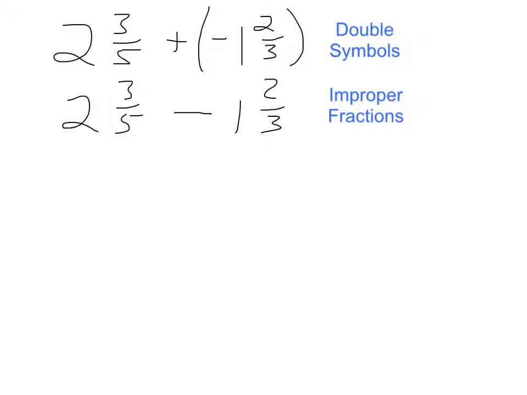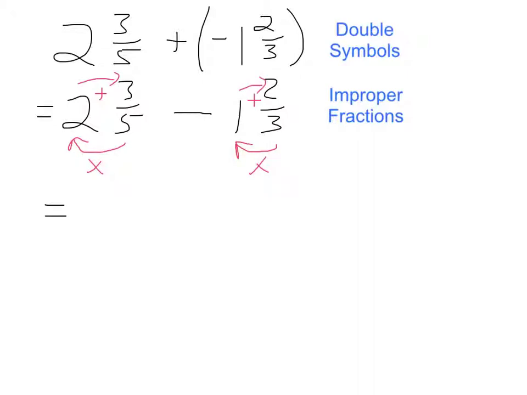So how we do this is we take the denominator and multiply that with the whole number, and then that answer we add with the numerator. We do this to both fractions.